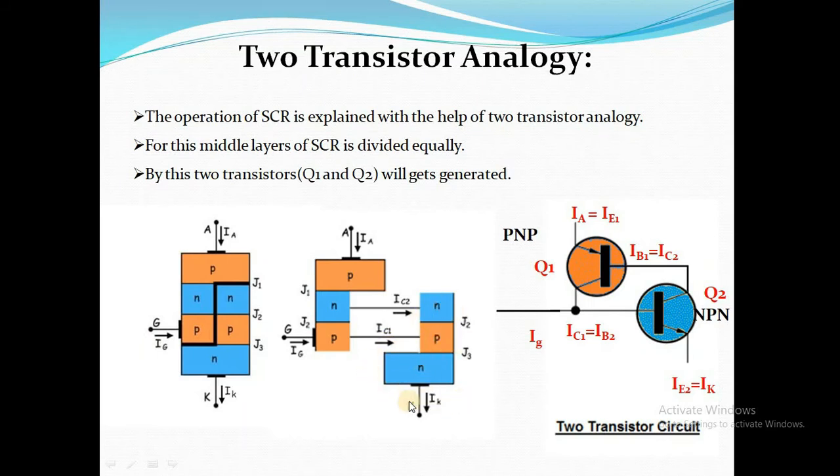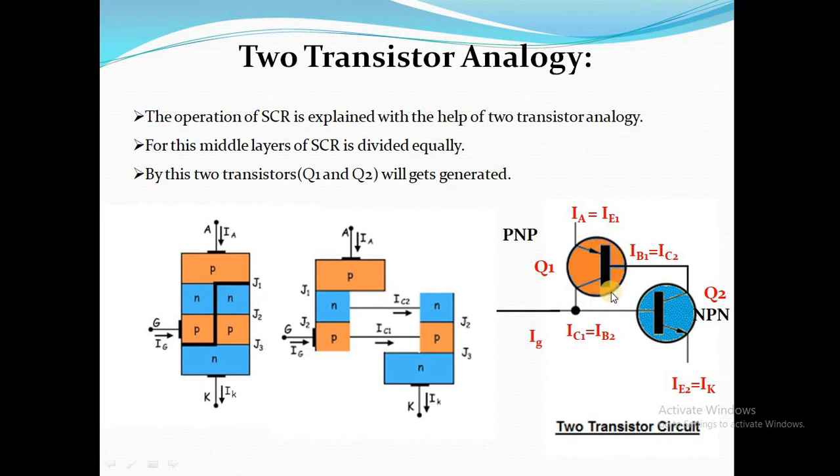This outer N layer represents the cathode terminal, where the current direction is outward. So this cathode terminal is the same as the emitter terminal of the second transistor, and this upper N layer represents the collector terminal here. First, we can observe that the first transistor base terminal and the second transistor collector terminal are both the same here.